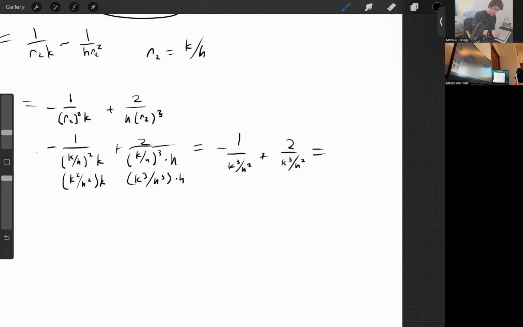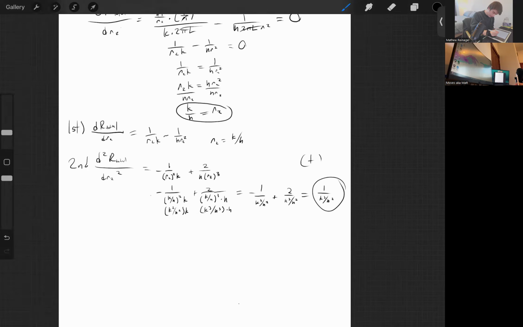And when we add these two, we get 1 over K cubed over H squared, which looks like a positive value. So what does that mean? Our second derivative, once we plugged in our extrema, came out with a positive value, meaning that we are looking at a minimum value here.